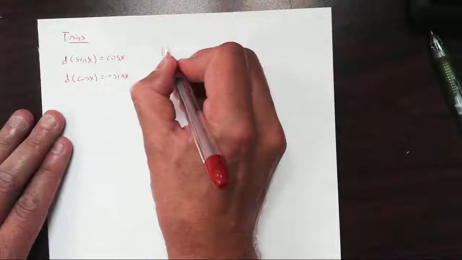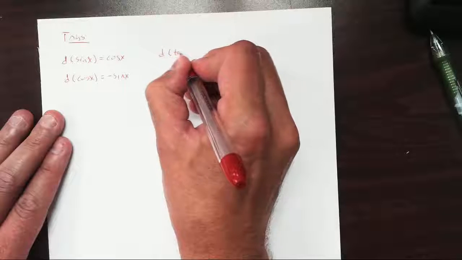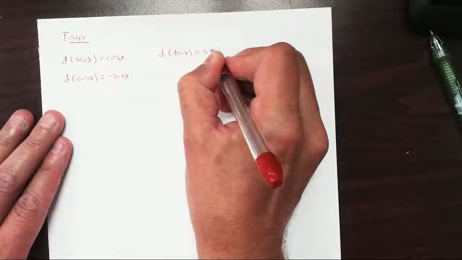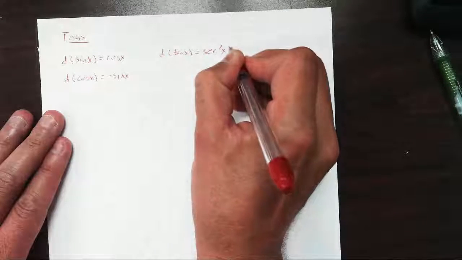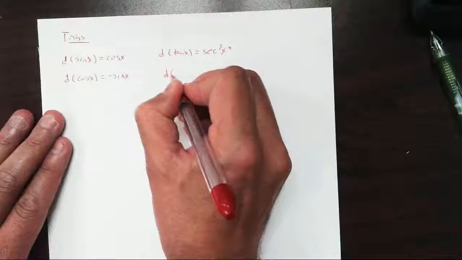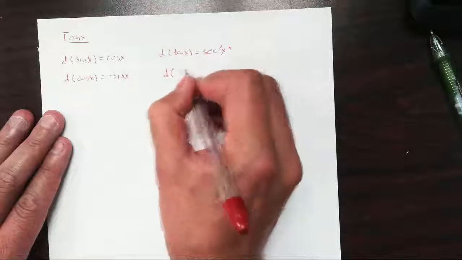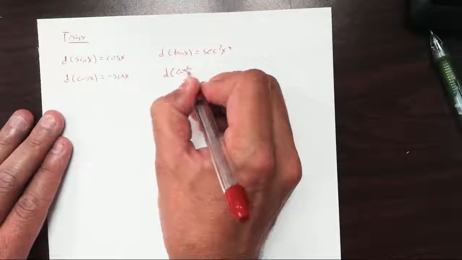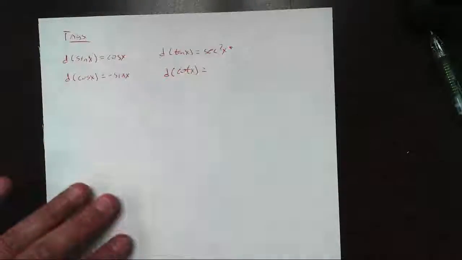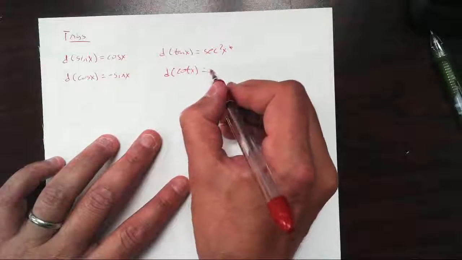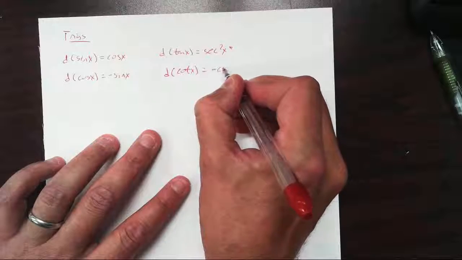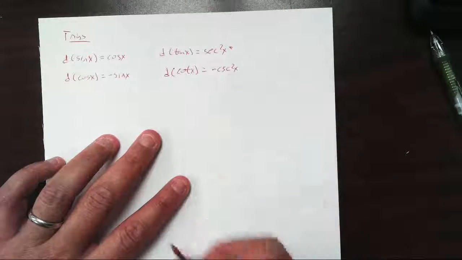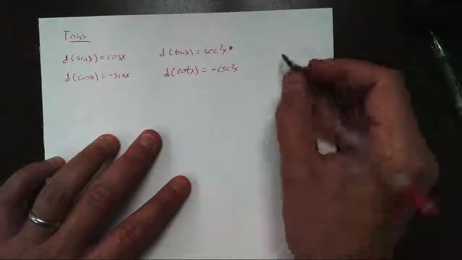You may recall from part 1 that the derivative of the tangent of x is the secant squared of x. Well, you can use the same process we did for tangent to get the derivative of cotangent of x. And what you're going to find out is this is negative cosecant squared of x. Start to see a pattern? Yeah, there is.